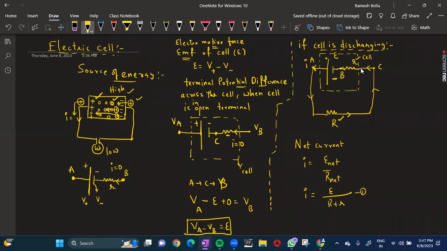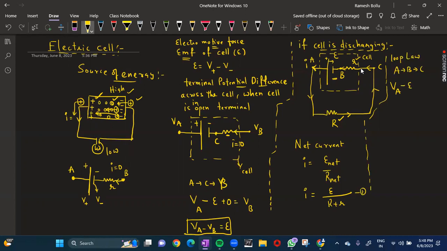Now I will apply the loop law. What is the loop law? I will walk from A to B, then B to C. What is the potential at A? VA. Then I am walking from high to low, which means the potential will decrease, so minus.